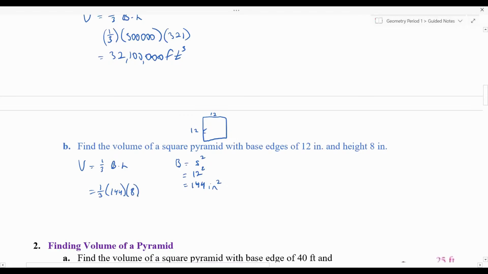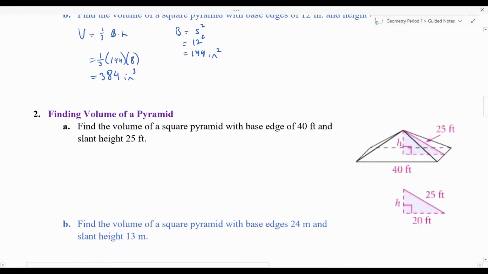When we calculate 1/3 times 144 times 8, we get 384. The units are in inches, so it's cubic inches, and that is the volume for that square pyramid. Okay, moving on to our next example.